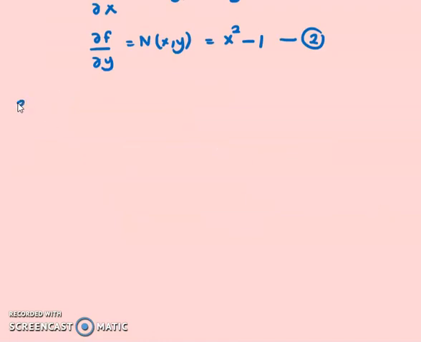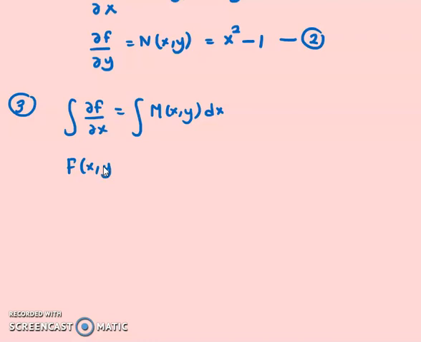The next step is to integrate. We want to integrate with respect to x, that is, integrate M of x,y dx. Integrating this will give me f of x,y. Now integrate M, which is our 2xy dx.